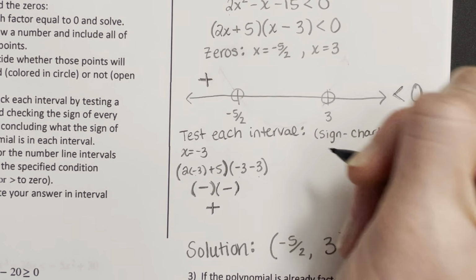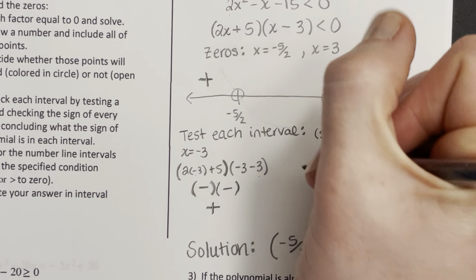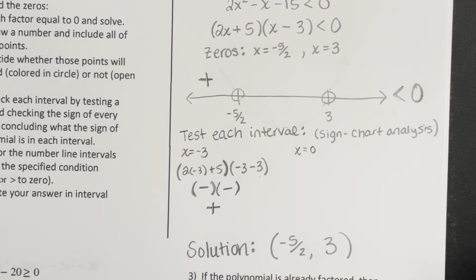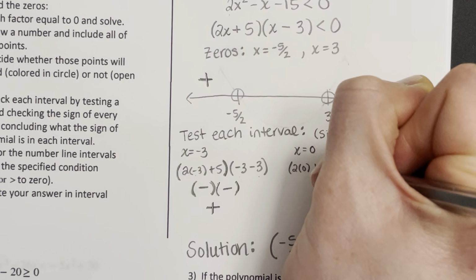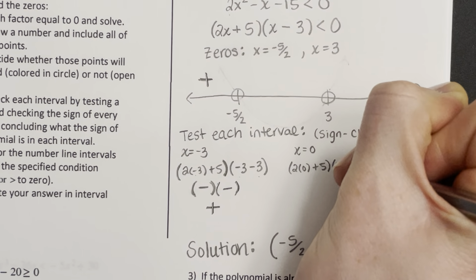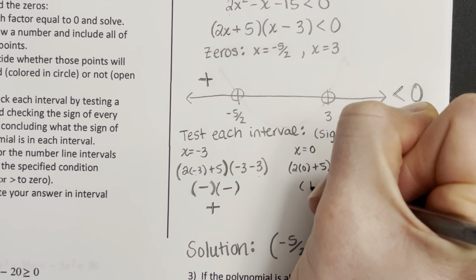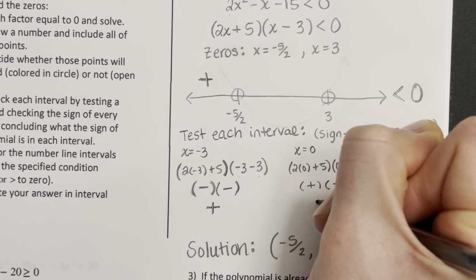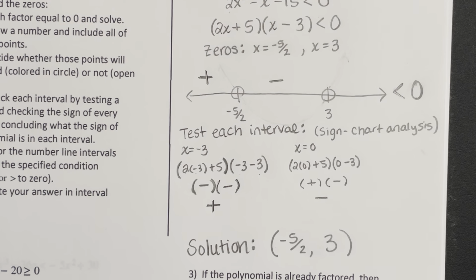Then we could test out a number in between -5/2 and 3. A number in between there that's easy to use is 0. So I'm going to try out x equals 0. That would be 2 times 0 plus 5 and 0 minus 3. That gives me a positive number times a negative number, which is negative. That's why the middle section was below the x-axis in the negative section.